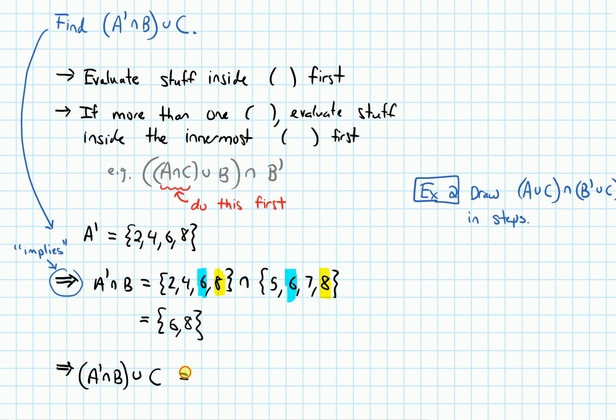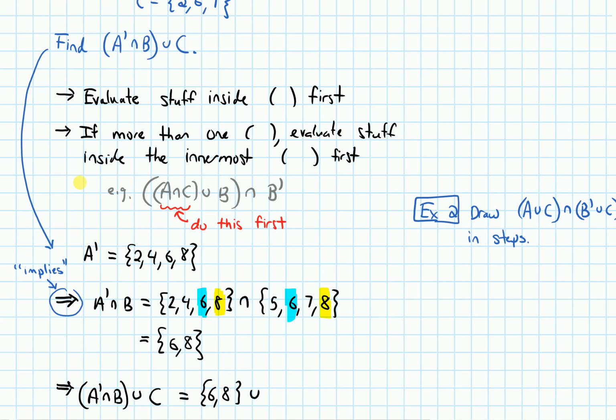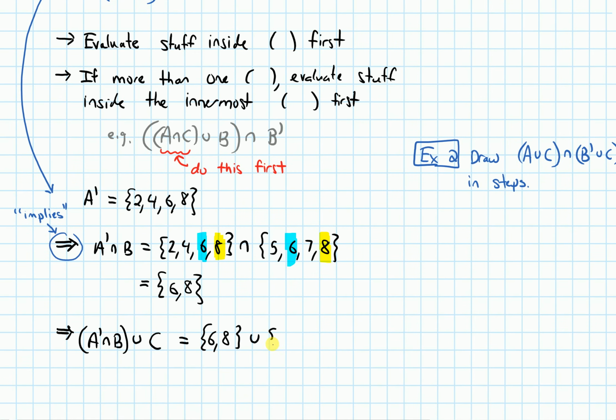This gives me, I know A complement intersected with B is the set that contains 6 and 8, and I'm going to union that with C, and C has 2, 6, and 7. When I union these two things, I have to write any element that's in at least one of these two sets.